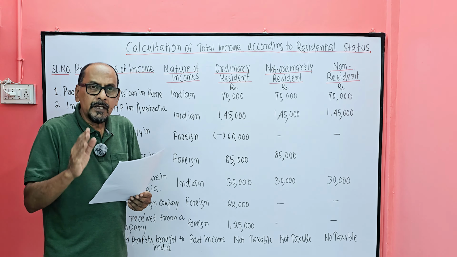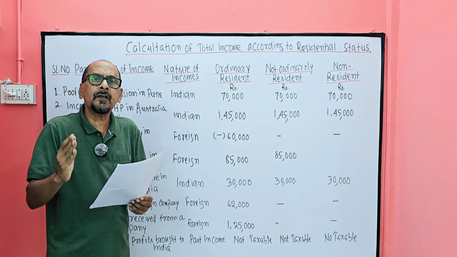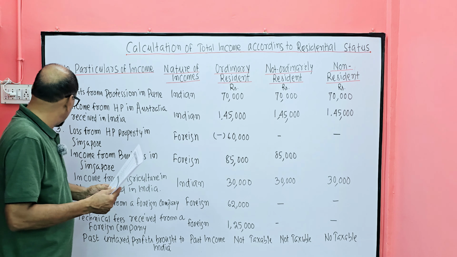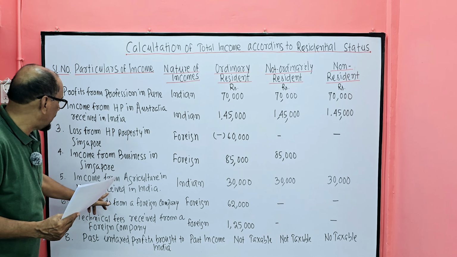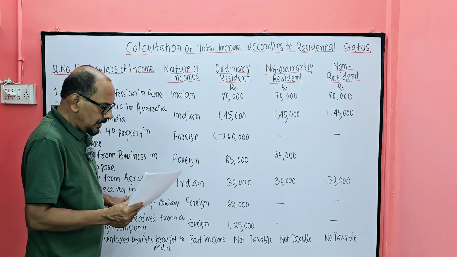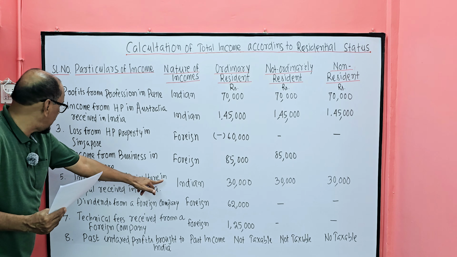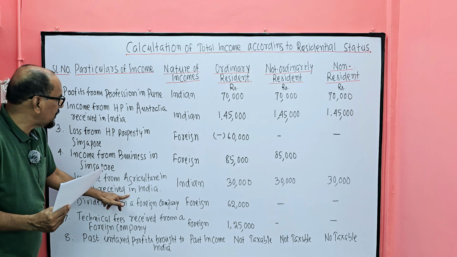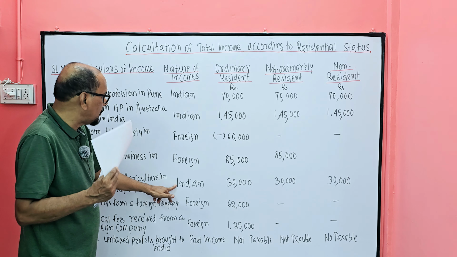And the next one, income from agriculture in Nepal, received in India. That is 30,000.